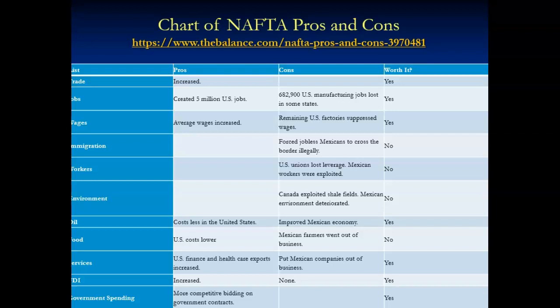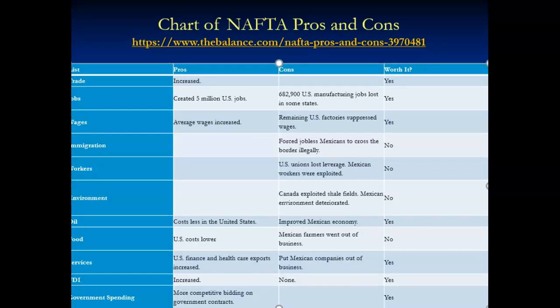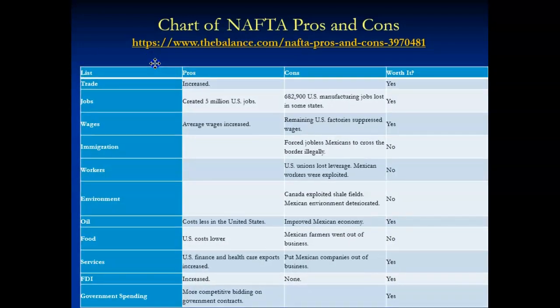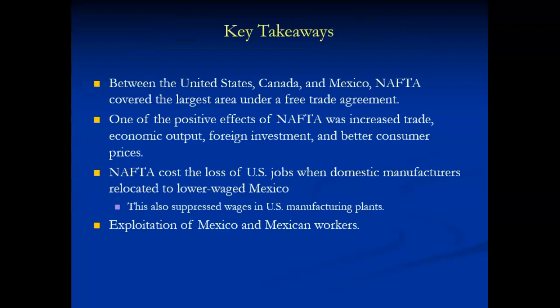Wages were up a bit, but they are suppressed in factories. Immigration, there are more Mexicans moving into the United States. One of the reasons that happens is because there's a population increase. We have to remember that as well, right? That population increase drives this. Environment, there have been impacts with the environment. So I'm just going to move on to the next slide.